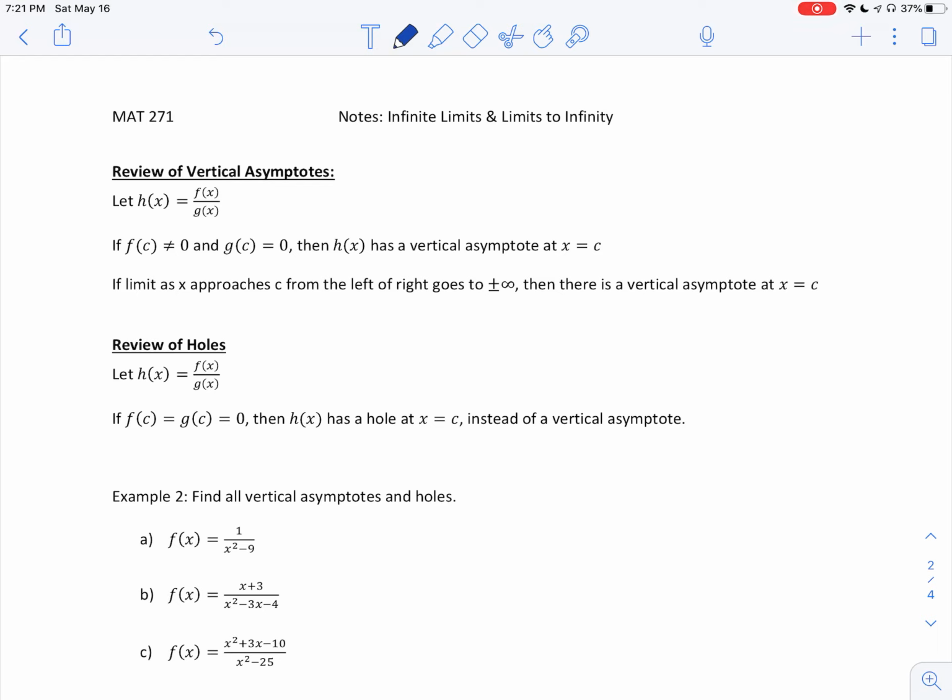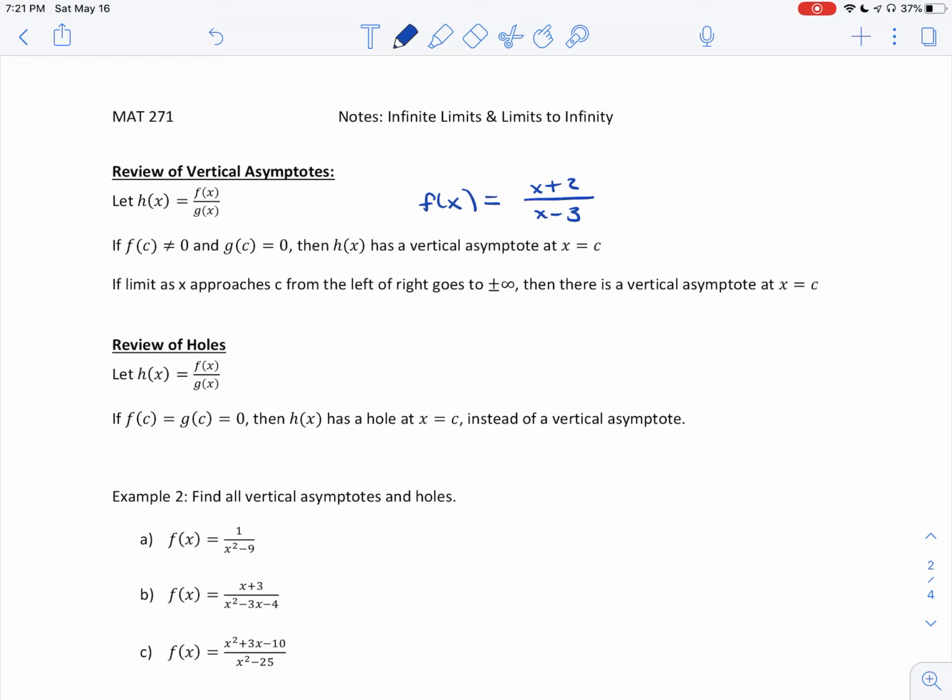So in order to look at this, I want to start by doing a quick algebra review of finding vertical asymptotes and finding holes from graphs. So let me give you a simple example here. Let's say we have something like f of x is equal to x plus 2 divided by x minus 3. Right, so in order to find vertical asymptotes, you're essentially looking for the restrictions to the domain.